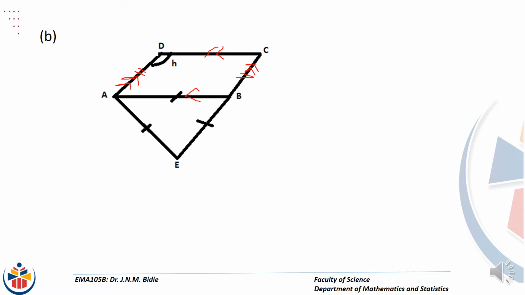So with all that information, recall that we've been given that AB is equal to AE is equal to BE. This means that this is an equilateral triangle because it's got three sides equal. So therefore, I know that angle AEB and angle ABE and angle EAB, they are all equal.